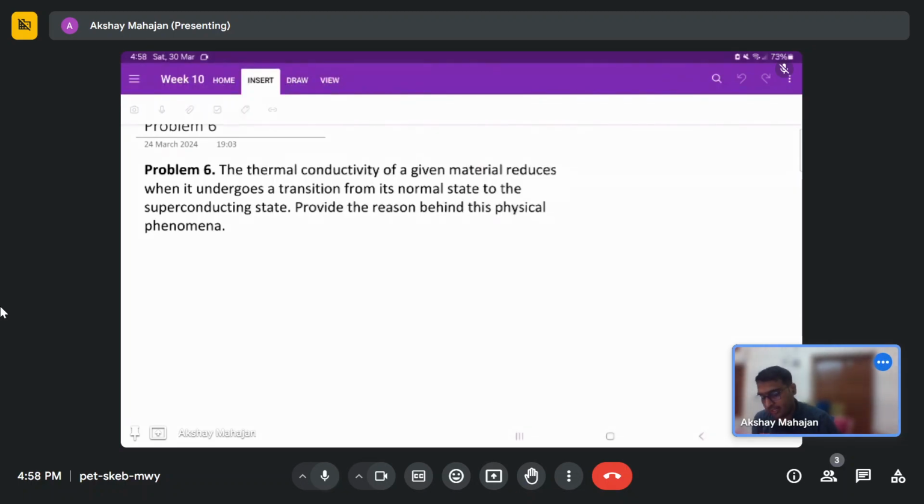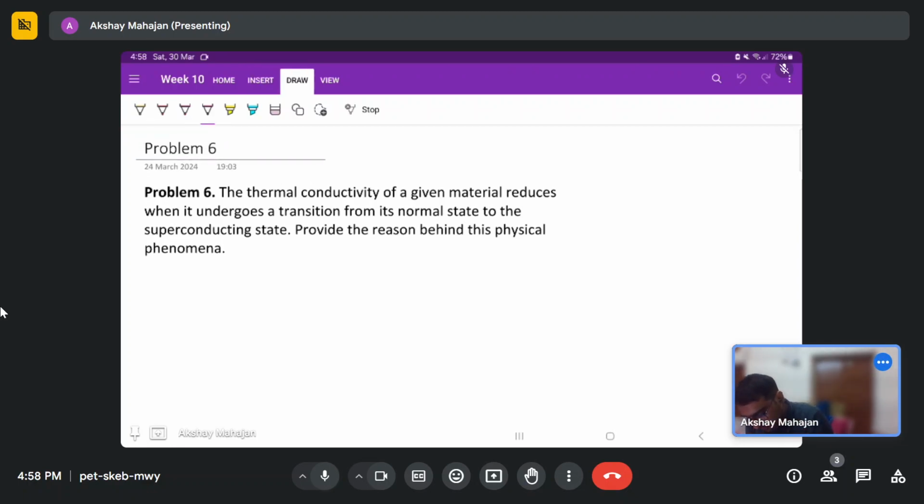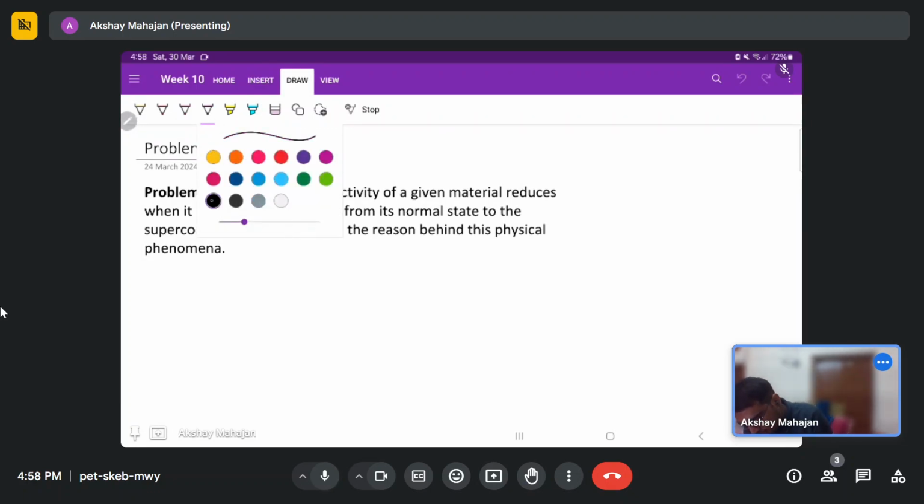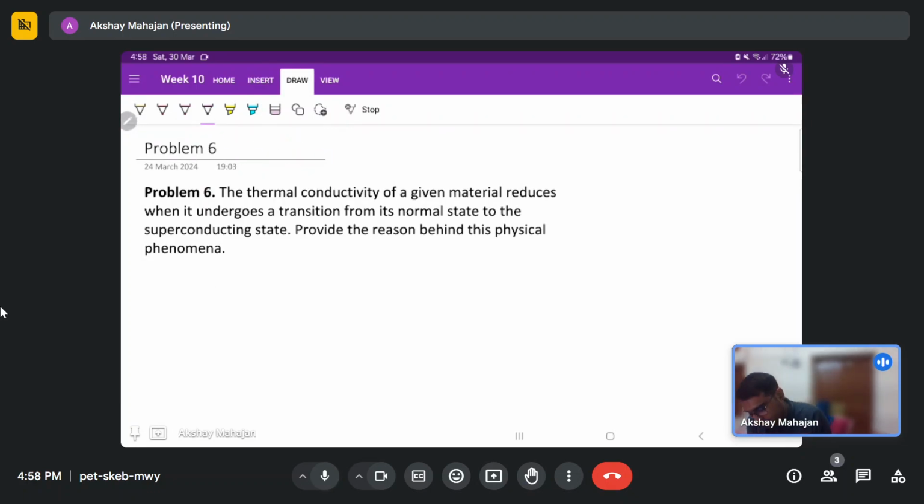Provide the reason behind the physical phenomenon. So this is a fact. We know that the thermal conductivity of a given material reduces when it undergoes a transition from its normal state to the superconductive state. So we have to specify the reason behind this. This is not a numerical problem, so I will just write it down.